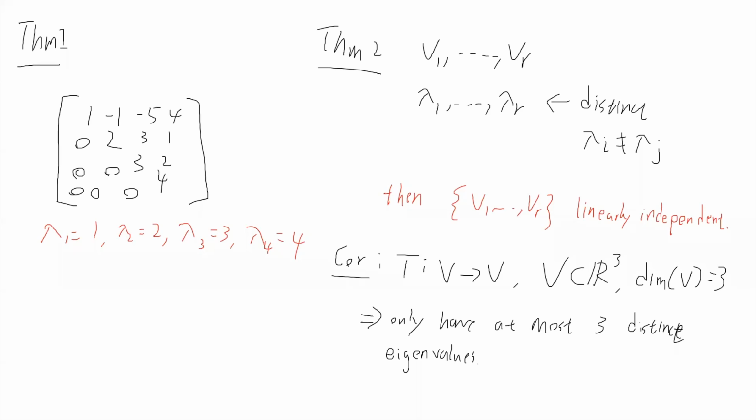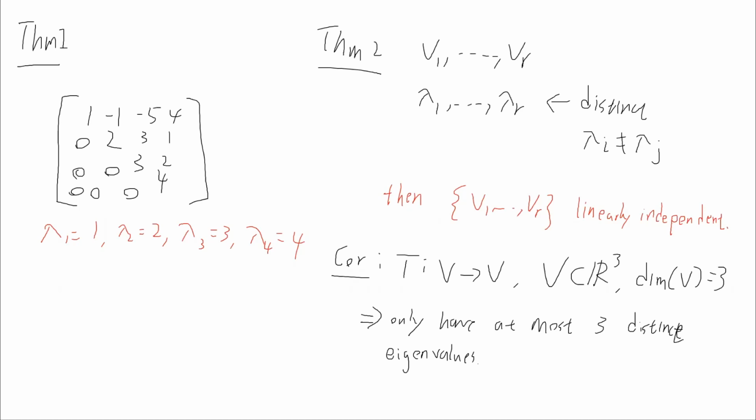And the proof of this is actually using theorem 2. I'm just going to briefly talk about this. So let's look at the proof of the corollary. Let T be a map from V to V, an operator. Suppose lambda 1 to lambda m are distinct eigenvalues of T. Then let V1 to Vm be the corresponding non-zero eigenvectors.